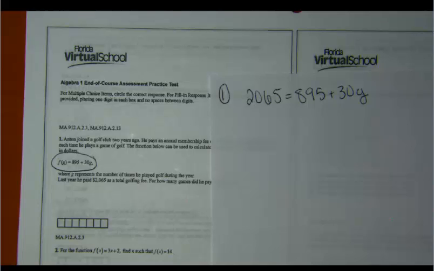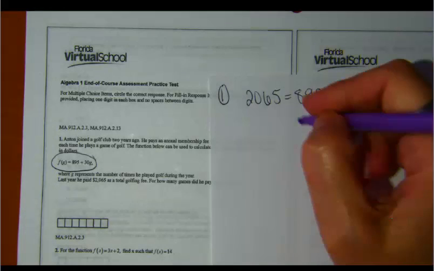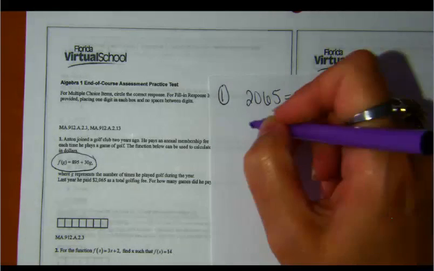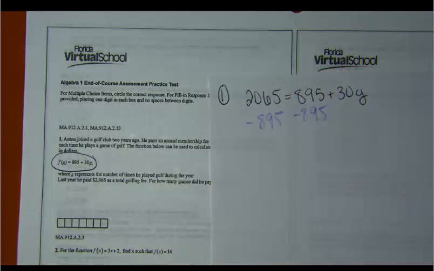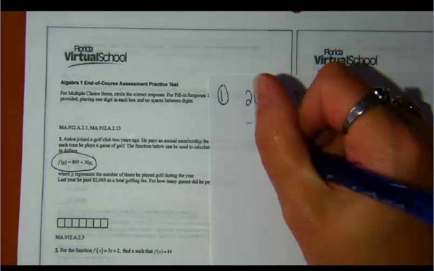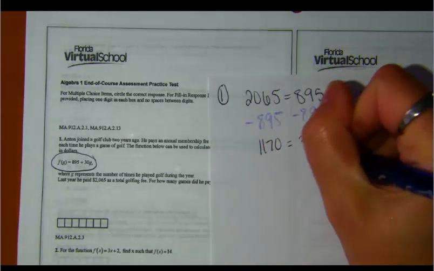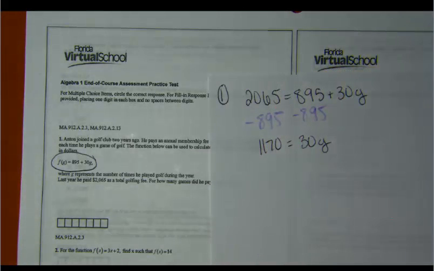So to solve this, we're going to subtract $8.95 from both sides. So we get 1170.